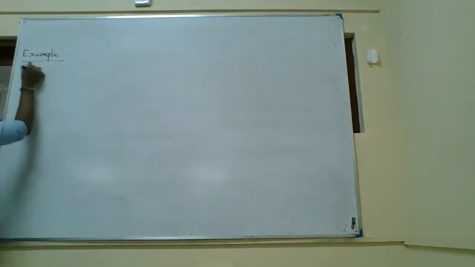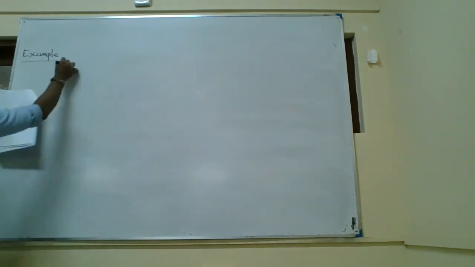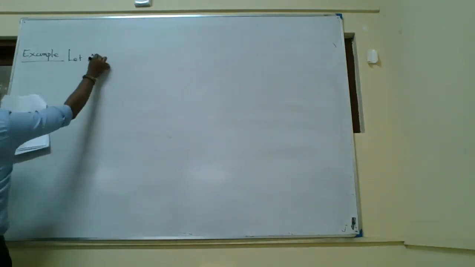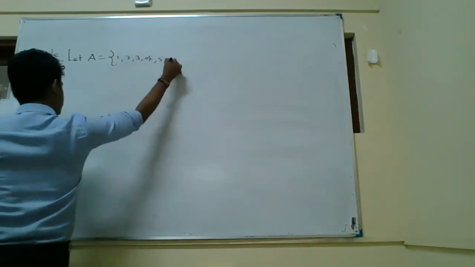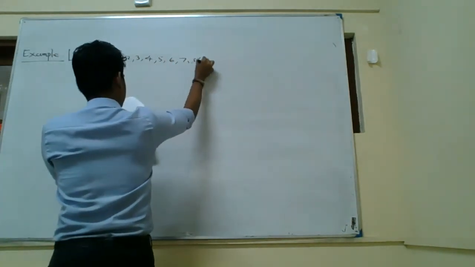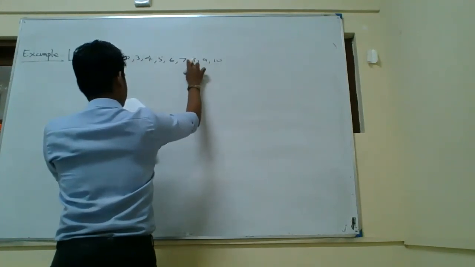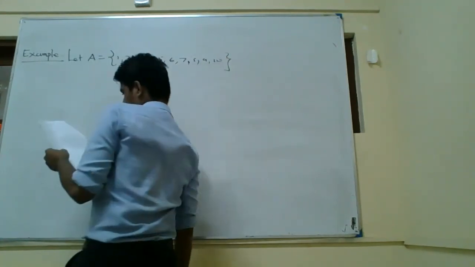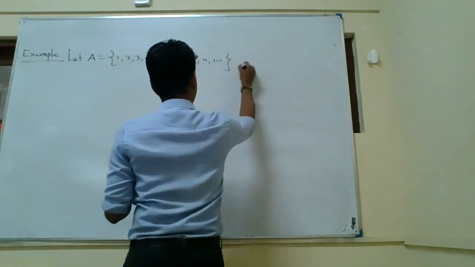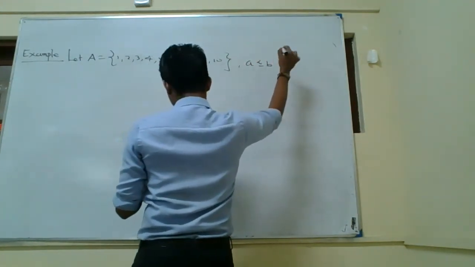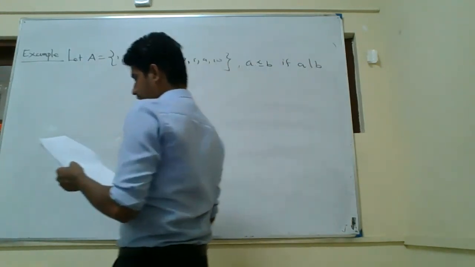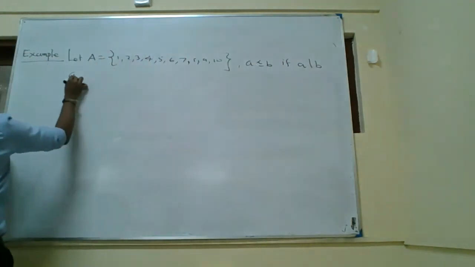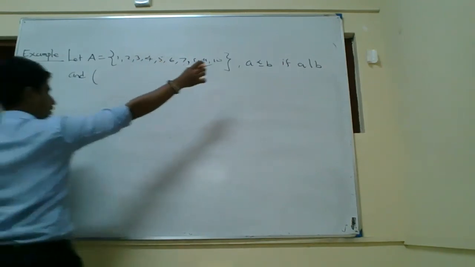In this example, your set is this one. Let A be the set {1, 2, 3, 4, 5, 6, 7, 8, 9, 10}, up to 10. A precedes B is defined as A divides B, and this is your relation.